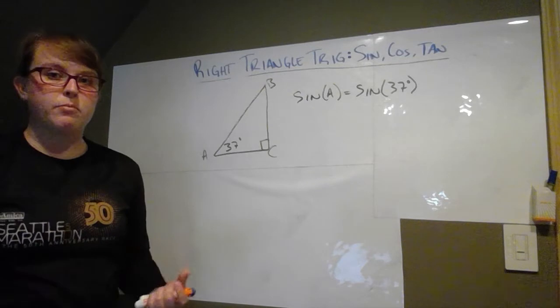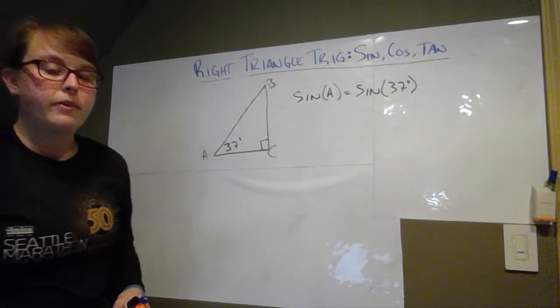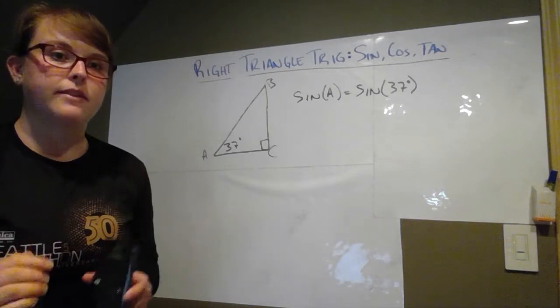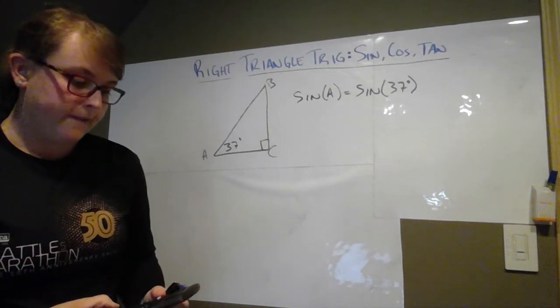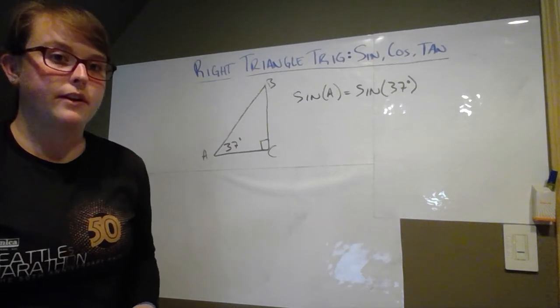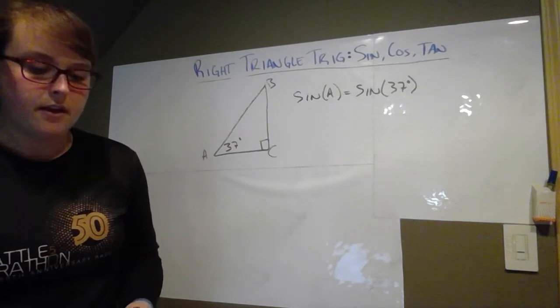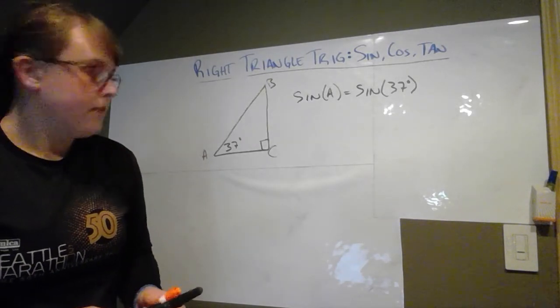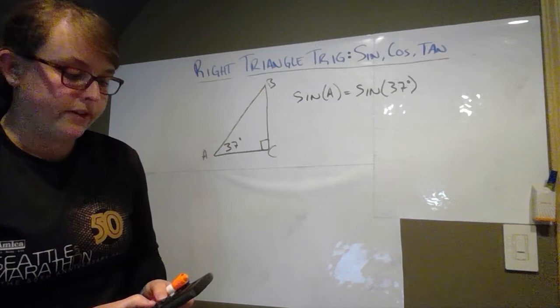So now is where we bring out the calculator. If you're using Desmos online, you can just type in the word SIN parentheses 37. If you're using a TI calculator, any calculator actually, you want to make sure that you're in degree mode, which most of them come starting out in. And then you want to hit the button that says sine.